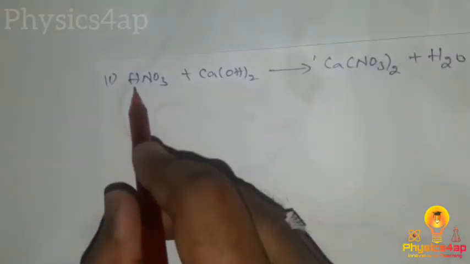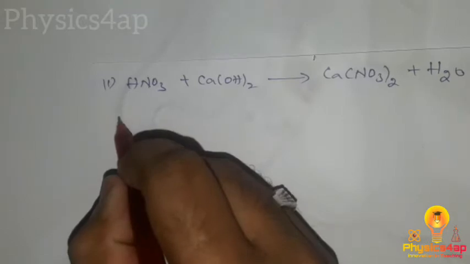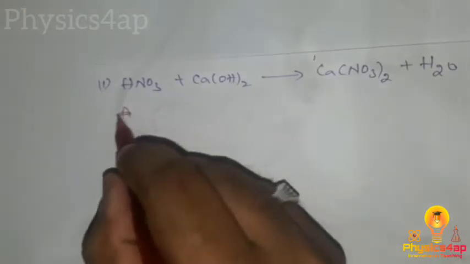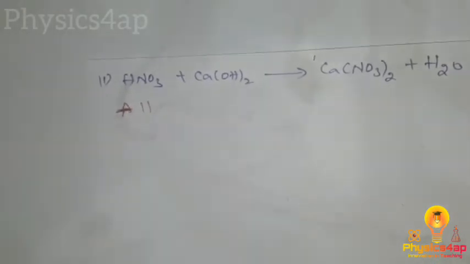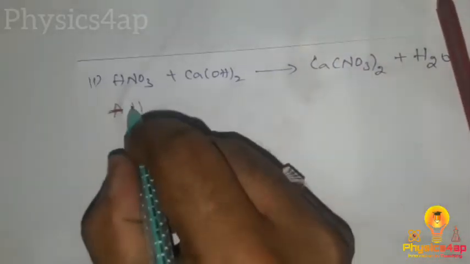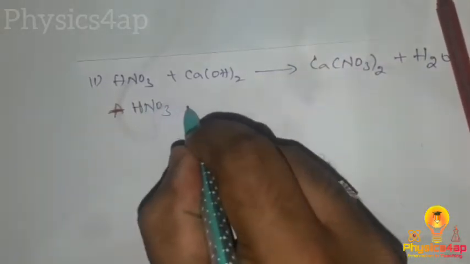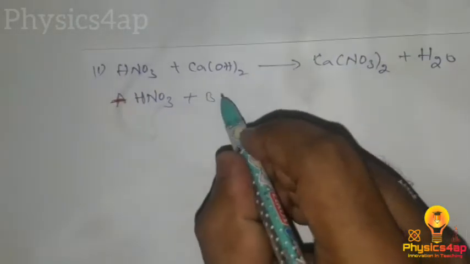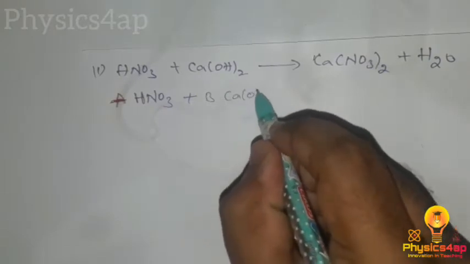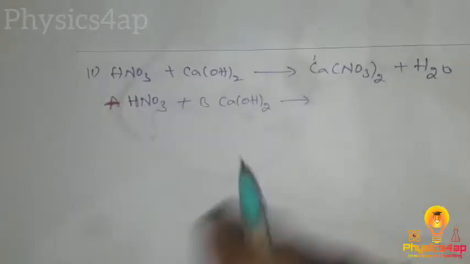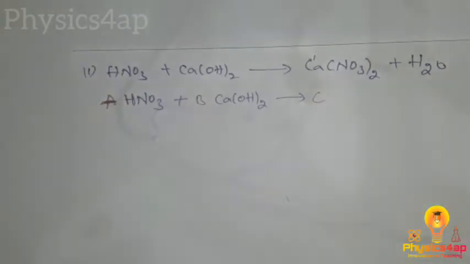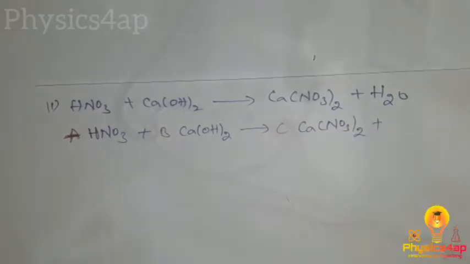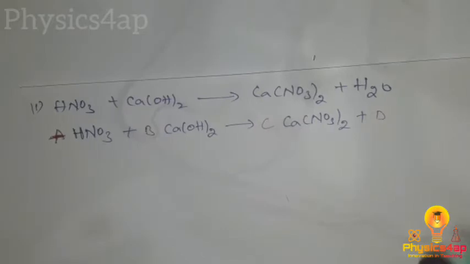So what we'll do is assume the coefficients as A, B, C, D. We'll assume the coefficient of HNO3 as A. So A HNO3 plus B, the balancing coefficient B, Ca(OH)2 gives rise to C Ca(NO3)2 plus D of H2O.